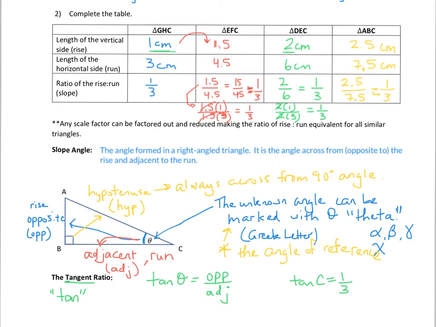Never the 90 degrees, because you already know that one. You already know it's 90 degrees, and the side across from it cannot be called the opposite side. It has to be the hypotenuse. So never use the 90-degree angle as your angle of reference. All right, so now let's actually work with this.